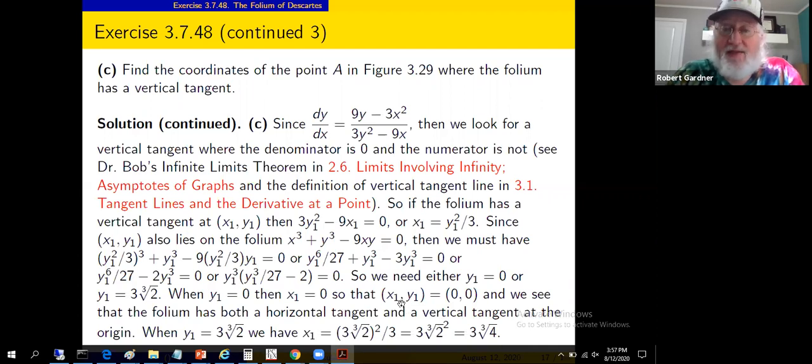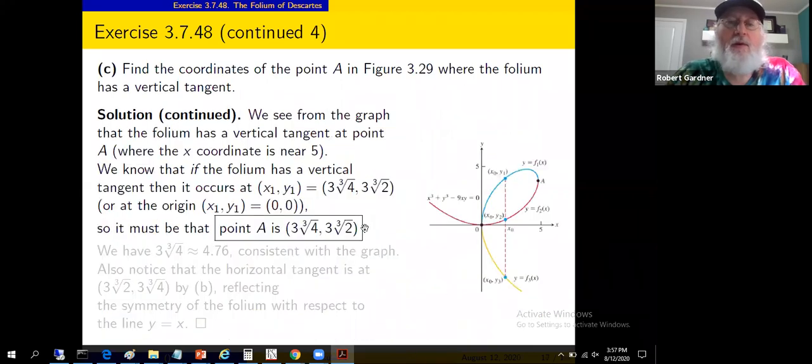So that's not what we're interested in. The y1 value produces this corresponding x1 value, and this x1 and that y1, that must be the coordinates of point A, so point A is given by this.